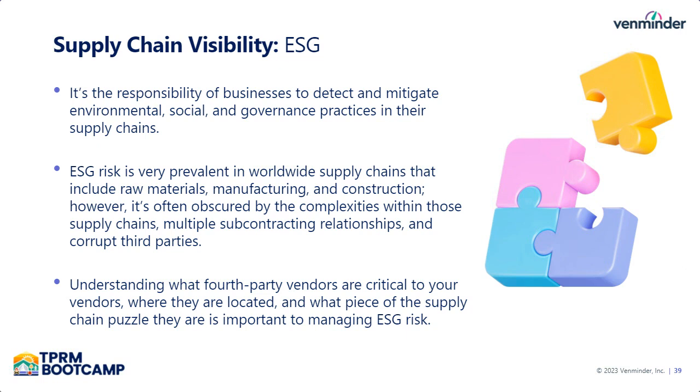So really understanding what fourth-party vendors are critical to your vendors and where they are located and what piece of the supply chain puzzle they hold is going to be important to managing ESG risk.